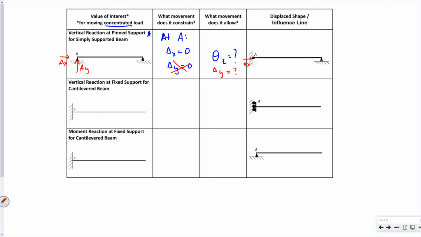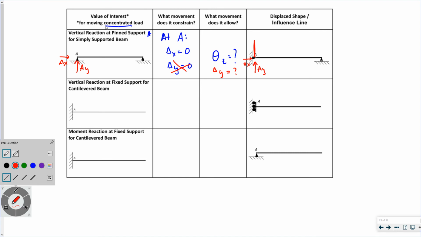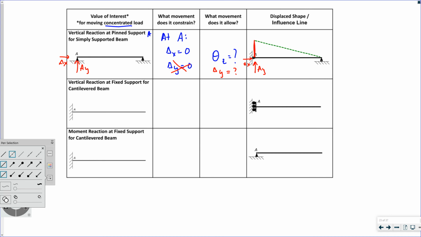So if I apply that vertical reaction, AY, there's nothing holding it down, keeping it from displacing, so it's going to displace up some distance and have a deflected shape. Looks like that, right?